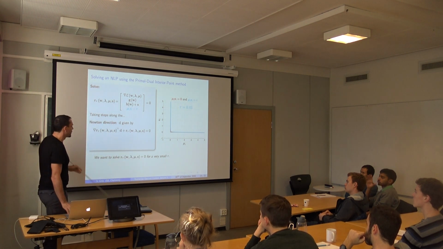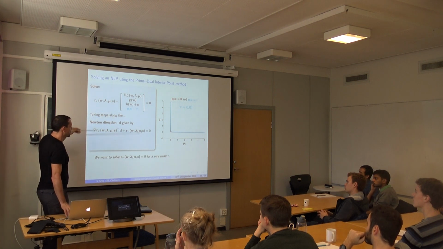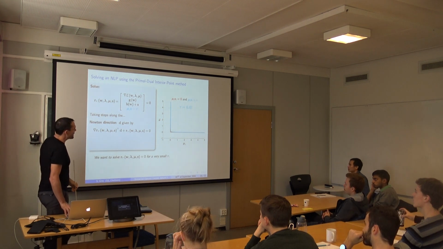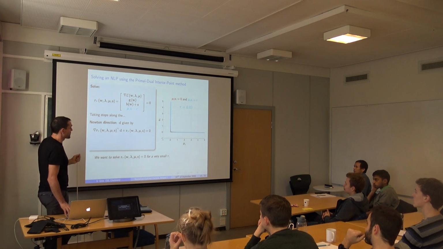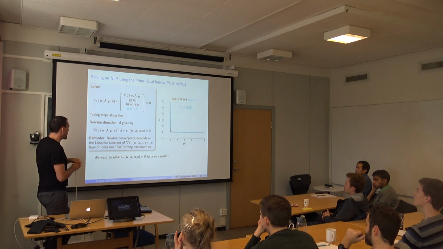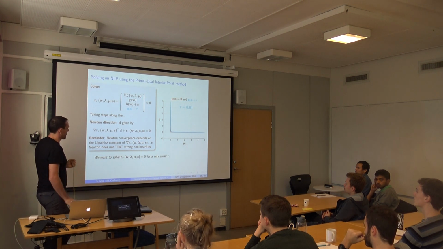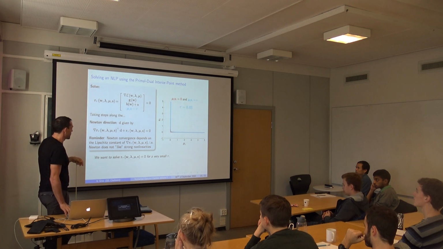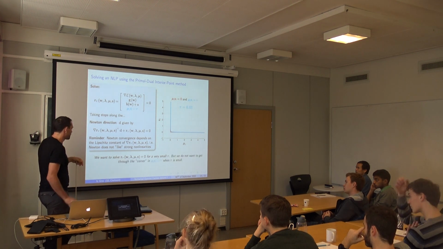So we want to solve these conditions for tau very small, but it's not easy to handle these equations if tau is very small. So how do we solve this problem? Just a reminder, Newton does not like strong nonlinearities, so we need to handle that somehow differently.